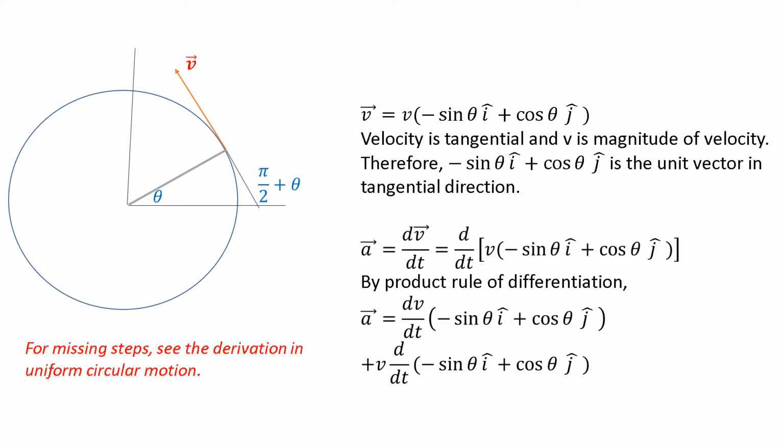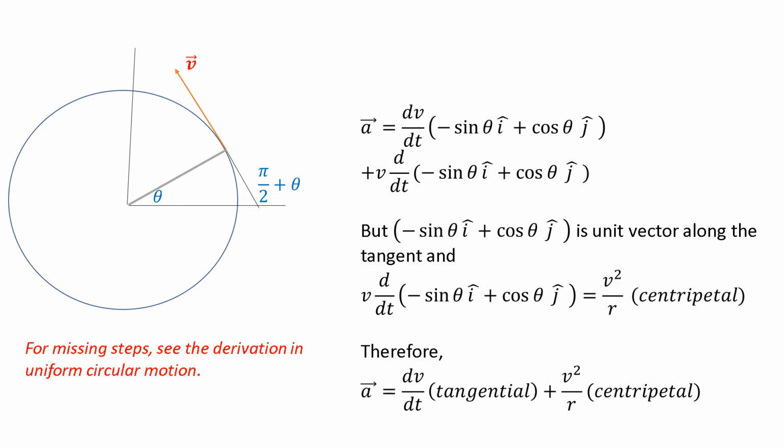We know that velocity is tangential and v is the magnitude of velocity. This means minus sin theta i plus cos theta j is the unit vector in tangential direction. Acceleration equals d by dt of velocity. Since both v and theta are varying, we will use product rule of differentiation. Acceleration equals dv by dt multiplied by whole of minus sin theta i plus cos theta j plus v into d by dt of minus sin theta i plus cos theta j.